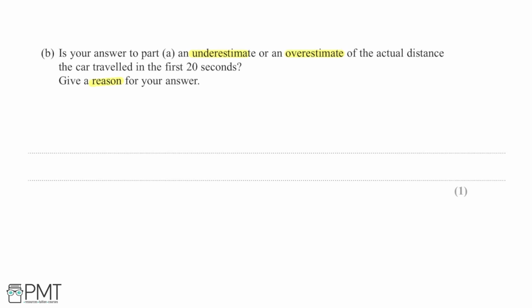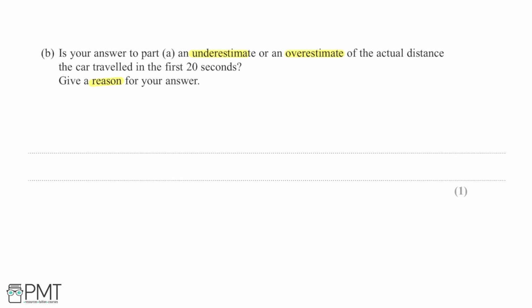So thinking back to the first part of the question, I did touch upon the idea that the answer isn't going to be entirely accurate. It is an estimate, and that's because some of the area below the graph isn't included. So all of the trapezia and the triangle in particular means that there is area under the graph, under the line, that isn't going to be included when we're calculating the area of these shapes.